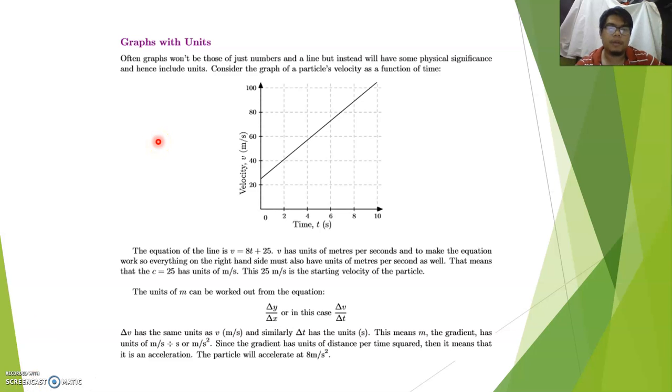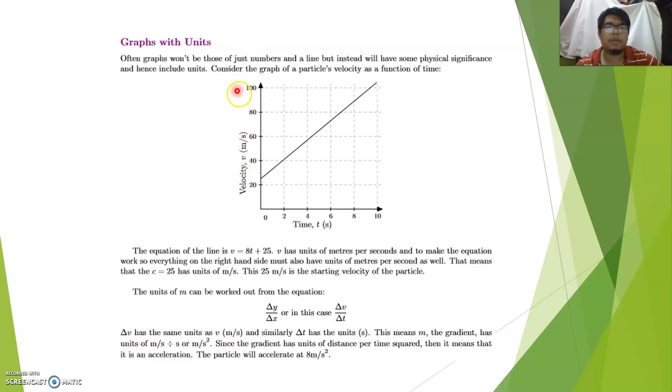And from our graph, graphs with units: often graphs won't be just numbers and lines, but instead will have some physical significance and hence include units. So consider this graph. This graph is about a particle's velocity as a function of time.